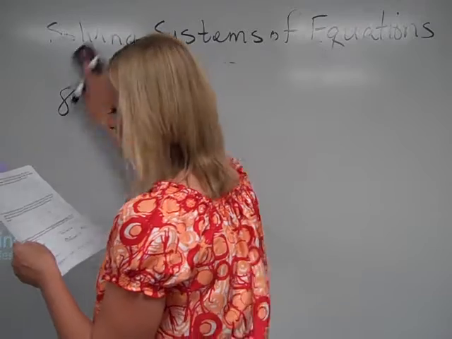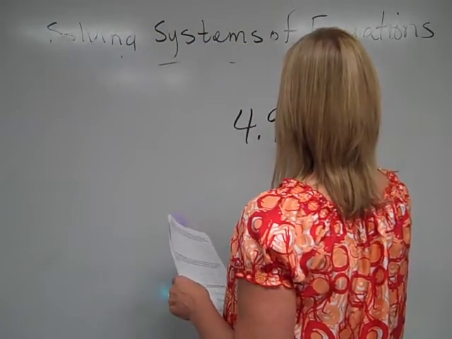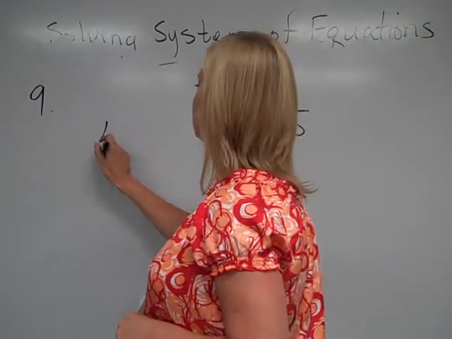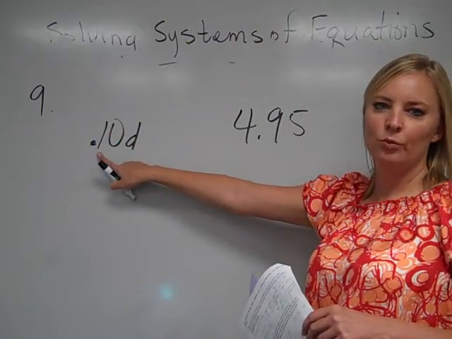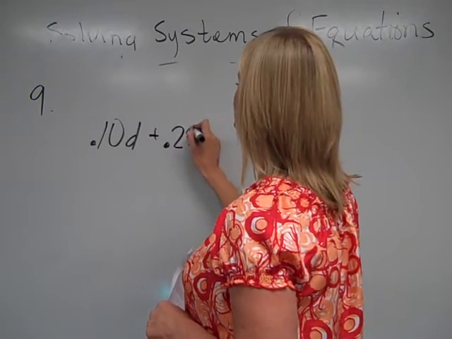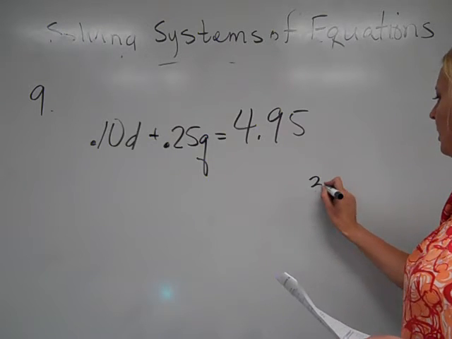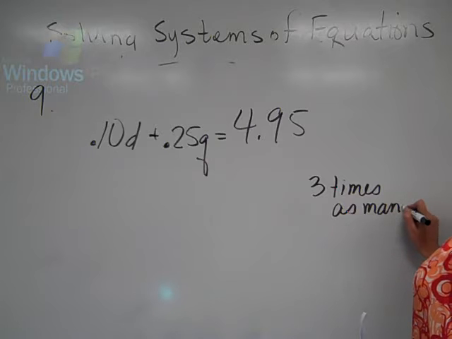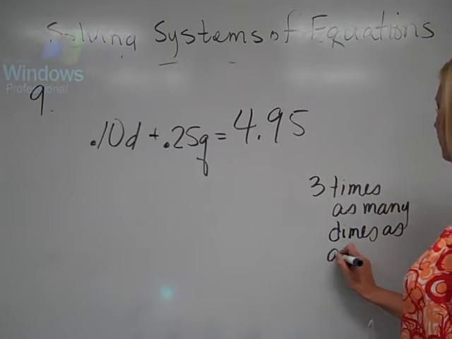All right, Mark has $4.95 in change. 10 cents a piece for every dime. He will multiply the number of dimes times 10 cents, and 25 cents times the number of quarters. Now here's the tricky part. 3 times as many dimes as quarters.